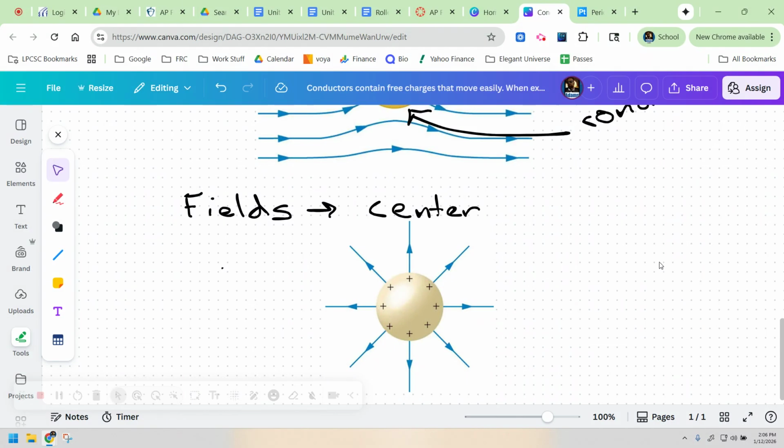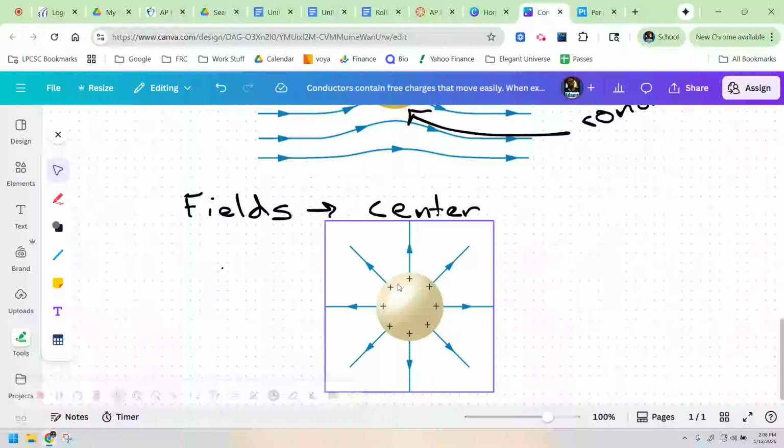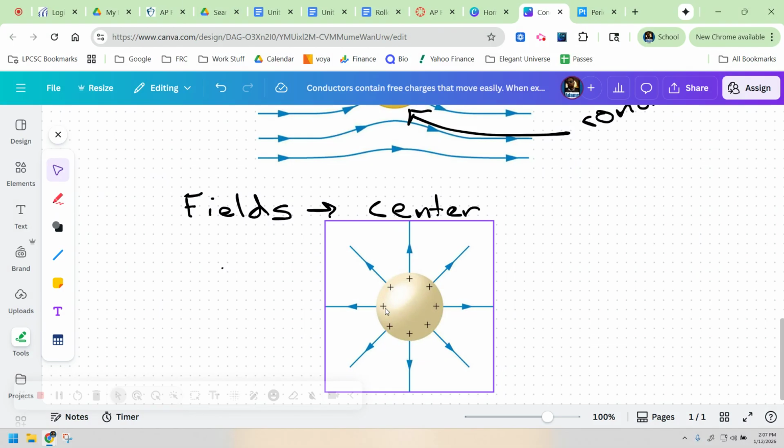So it's no accident that this positive charge here, and it's not really a proton, it's the absence of an electron, won't go next to this one. This one is pushing this one this way, and this one is pushing this one, so this almost has to be centered between these two positive charges on the surface.